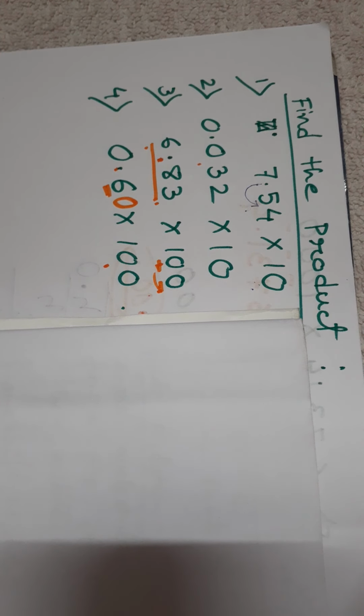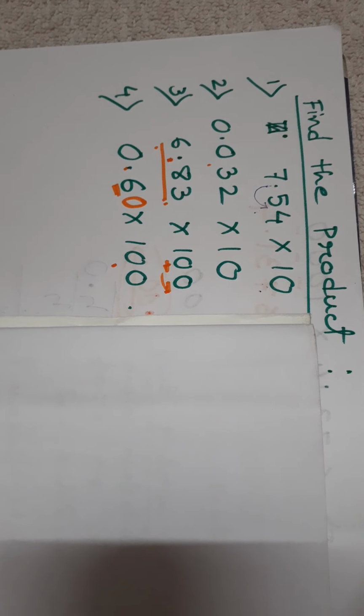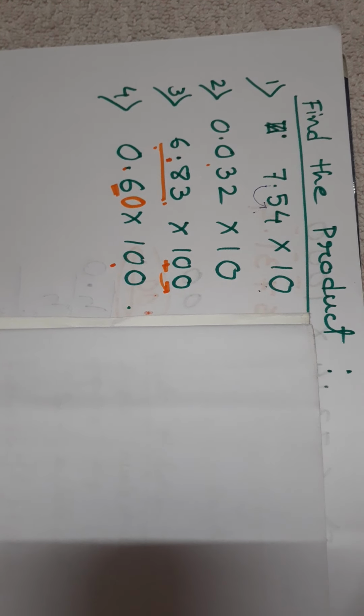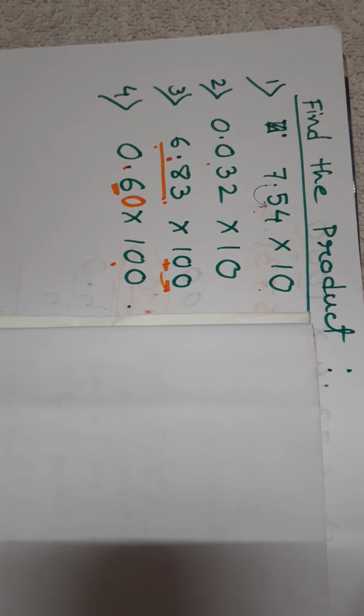So if you are multiplying 7.54 with 10, what will you get? You have to shift the decimal point to the right side by 1 place. That means you will get 75.4. Similarly, in question number 2, you have to shift the decimal point to the right side, and that is also one place.